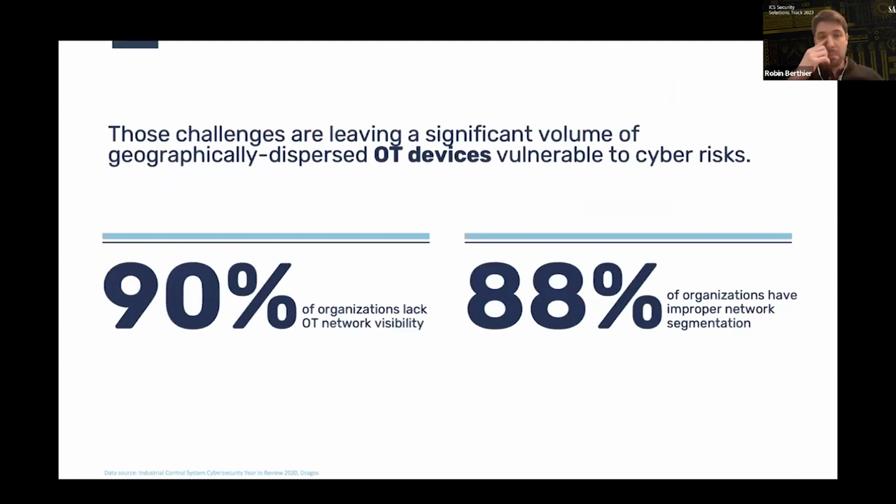That leaves a lot of organizations with exposure and lack of strong best practices on those OT devices. So we see a vast majority of organizations just not having the proper segmentation in place or the proper ways to limit exposure of their critical services to the rest of the corporate network or even to the internet.